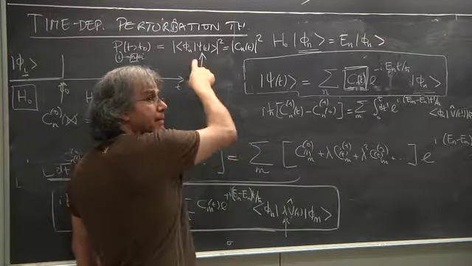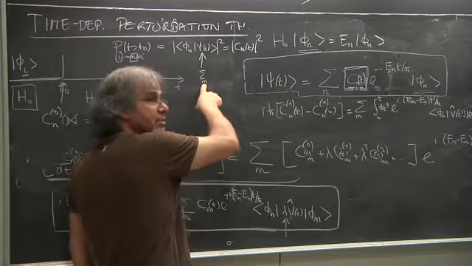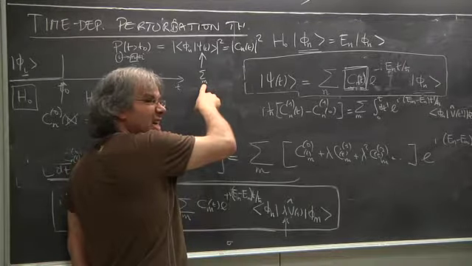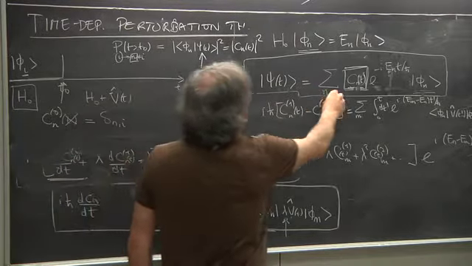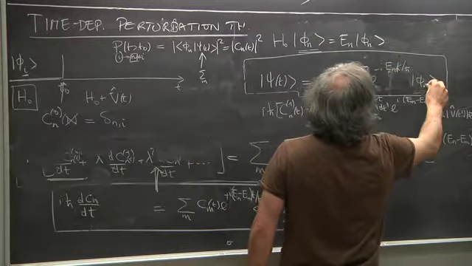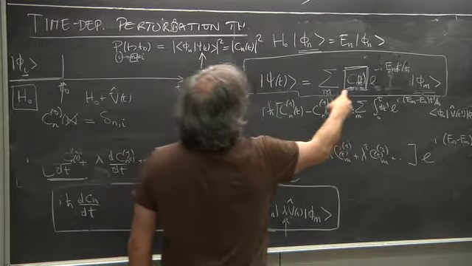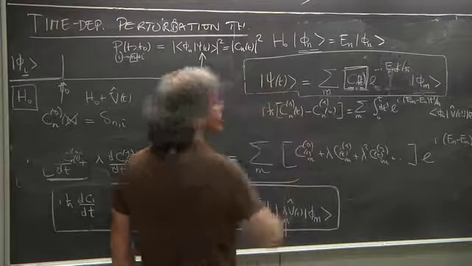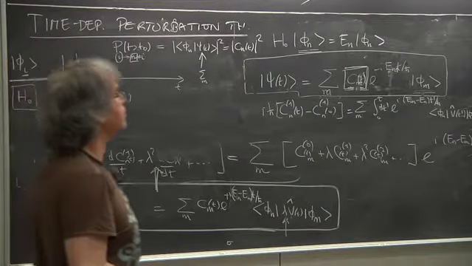So out of the sum, only the term with n equal to m survives. Psi is a sum over m. But then I project on n, and this leaves me only one piece, Cn. Is the answer clear?